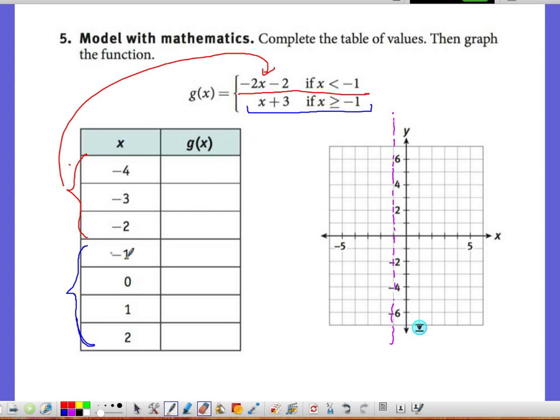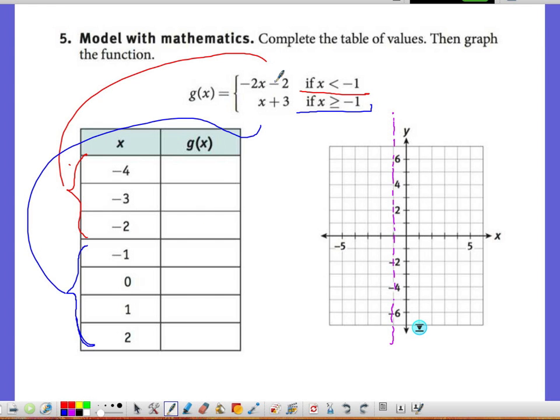So notice we are also taking -1, 0, 1, 2, and I'm plugging this into the second function rule. So we can actually do this really quick. I'm not going to fill in the tables because I'm just going to use y equals mx plus b.